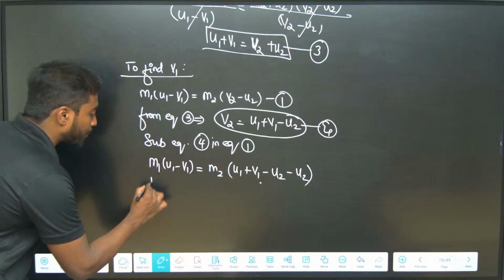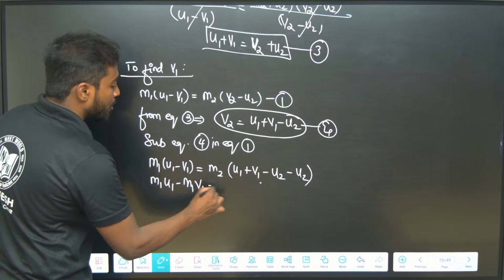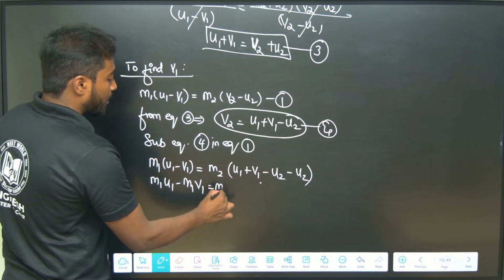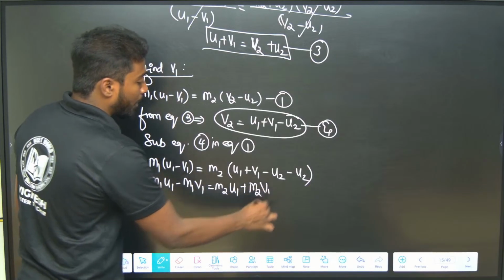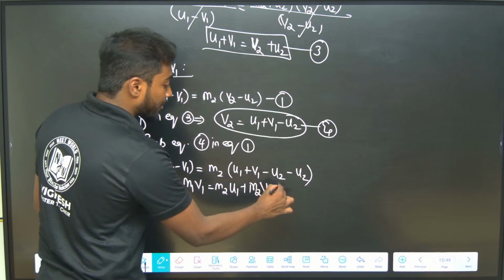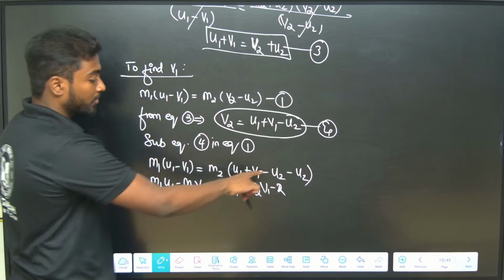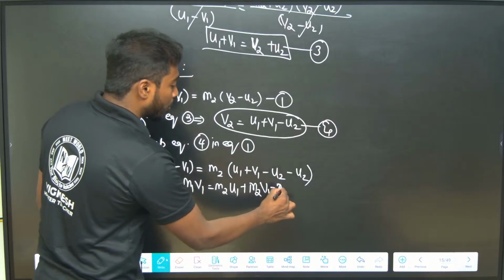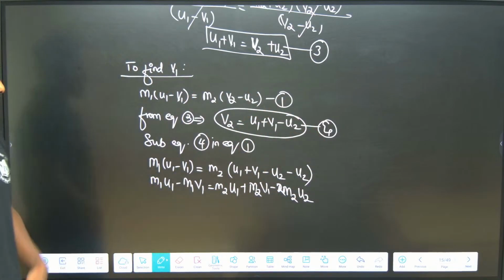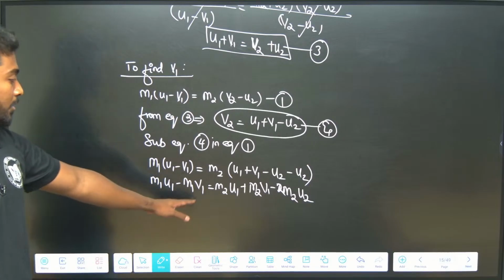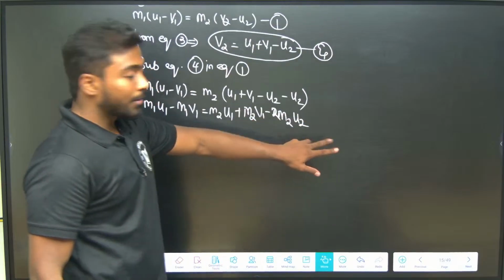So if I expand, m1 u1 minus m1 v1 should be equal to m2 u1 plus m2 v1 minus 2 times m2 u2. This is the thing, guys. In this equation I need to find v1, right?